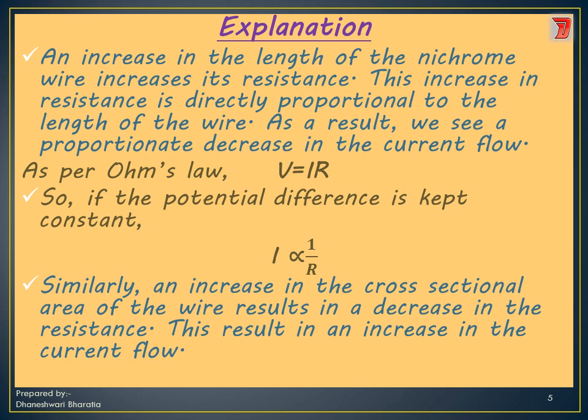So the potential difference is kept constant; in the diagram we are not changing the potential difference because the battery is already connected. We are only changing the conductors, okay, 1, 2, 3, 4. Similarly, an increase in the cross-sectional area of the wire results in a decrease in the resistance, right? This results in an increase in the current flow, okay?